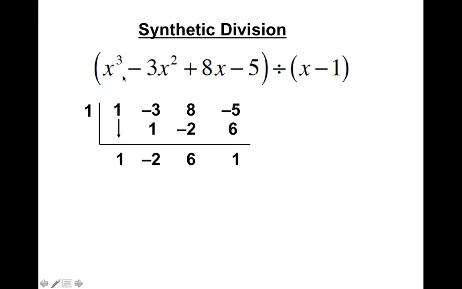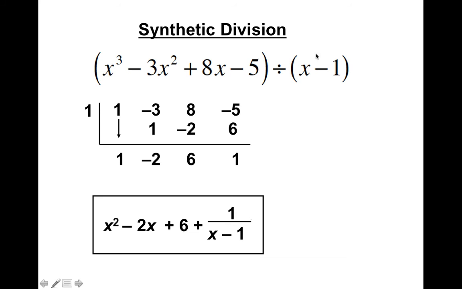The power is going to drop by 1. So instead of it being x cubed, it's now 1x squared, or just x squared. Then you write it in descending order. So this would be minus 2x plus 6 plus we have a positive 1 over what we were dividing by, x minus 1. Notice how that is the exact same answer that we got using long division.